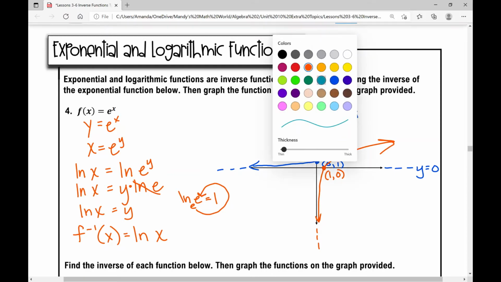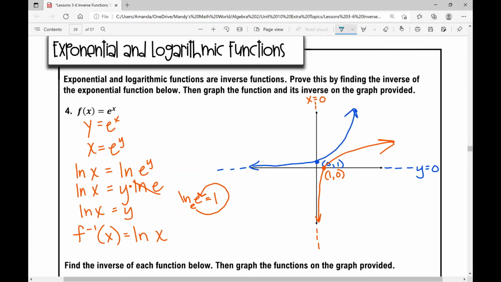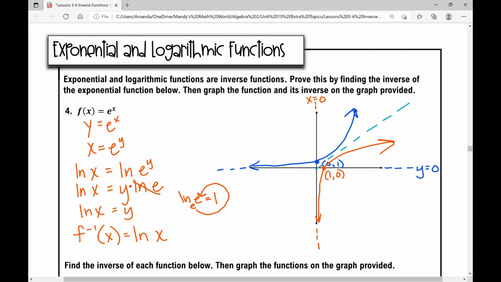And so we're proving that these two are inverse functions by undoing them and graphing them on the coordinate plane. You can visually see that they are reflections across the line y equals x, and we can see this key point right here, (0, 1). The x and y switch places. Key point in the logarithmic function is (1, 0).